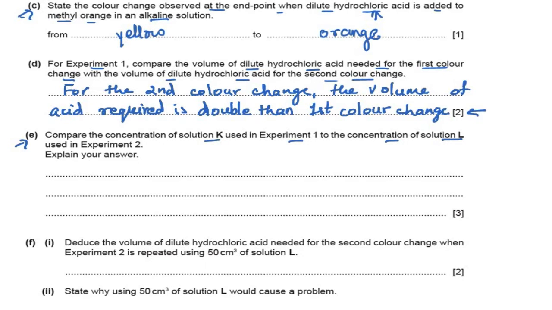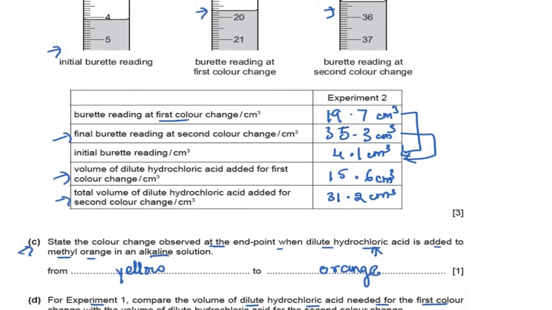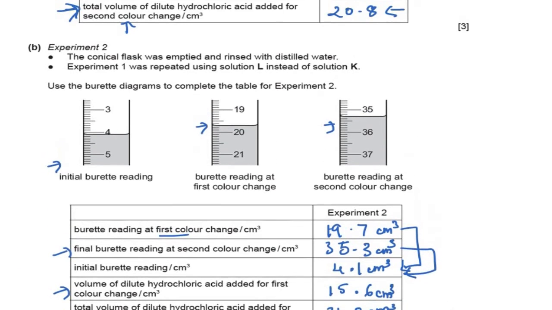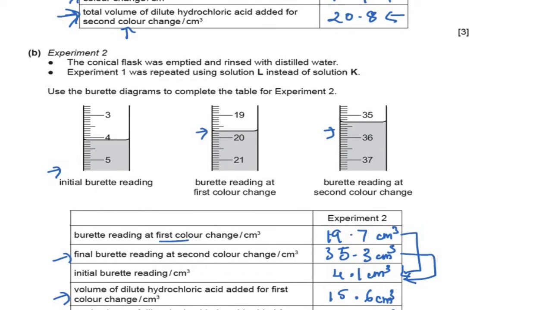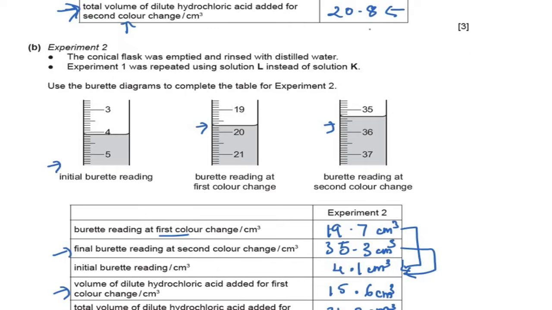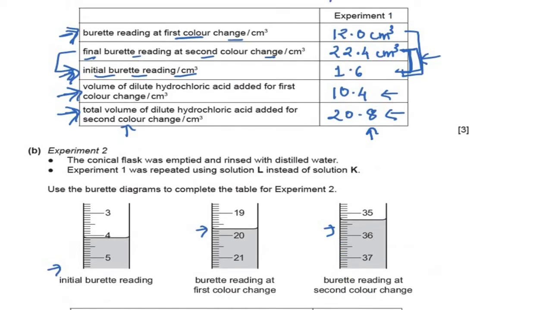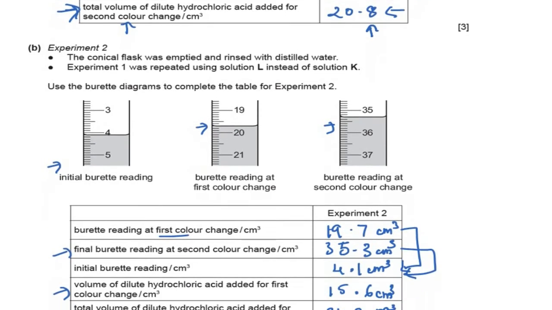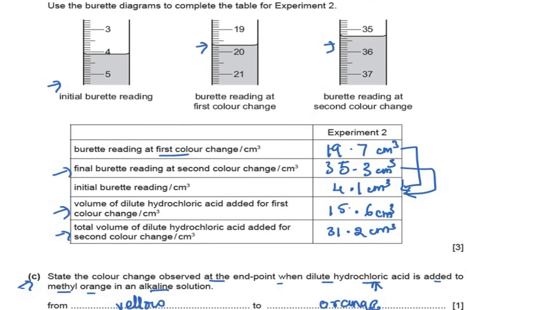Now for this, again we need to compare the readings of experiment 1 and 2. Here we can say that the difference of the second color change is 20.8, but here the difference for the second color change in experiment 2 is 31.2.